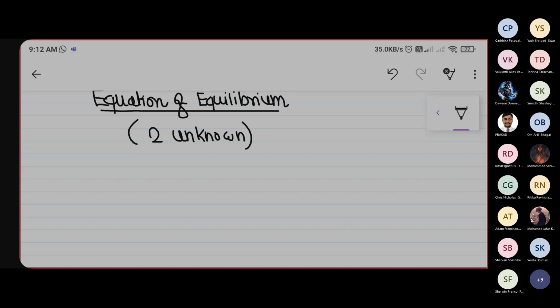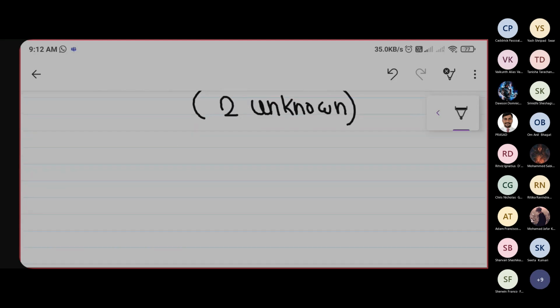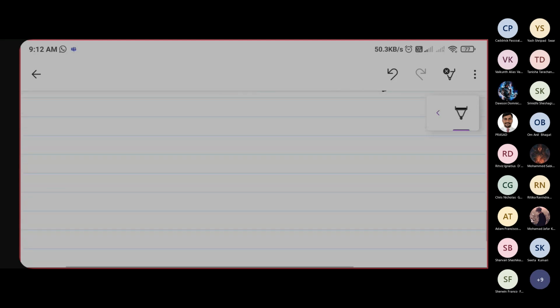So let's solve a simple problem. I need an answer from you also. Two ropes are tied together at C. If the maximum permissible tension in each rope is 3.5 kilonewton, what is the maximum force P that can be applied and in what direction?